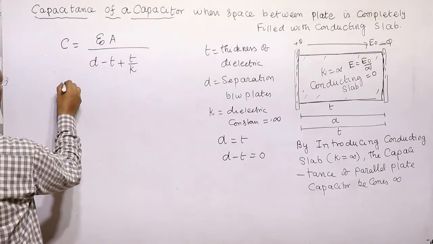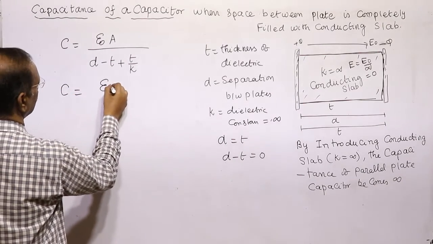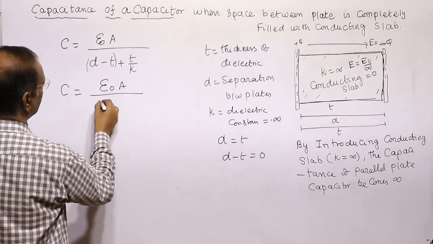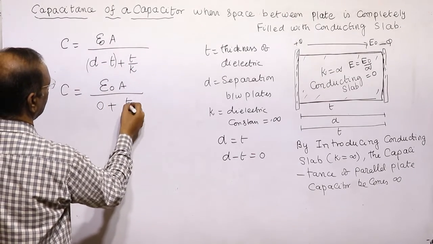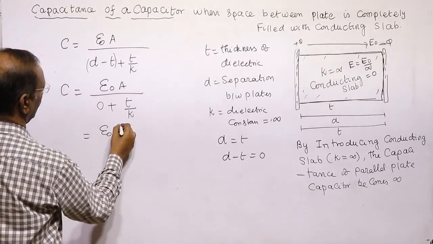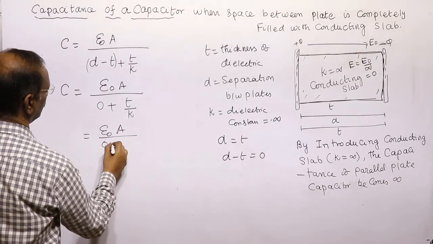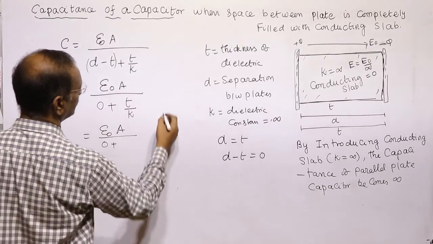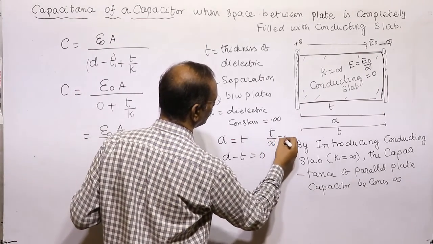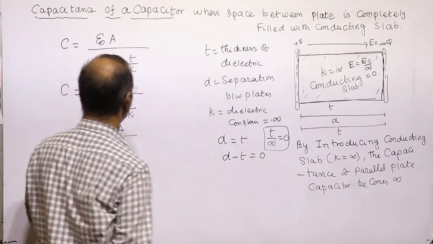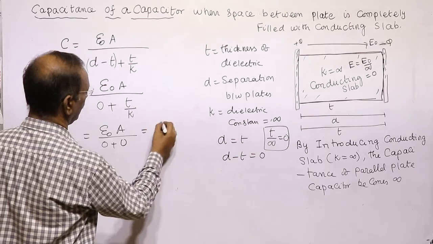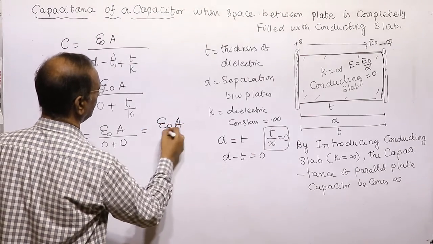We can write the capacitance in this case as epsilon naught A divided by D minus T. D minus D is equal to 0, plus T by K. T by K is equal to T by infinity, which is equal to 0, because K is infinity. So epsilon naught A divided by 0.